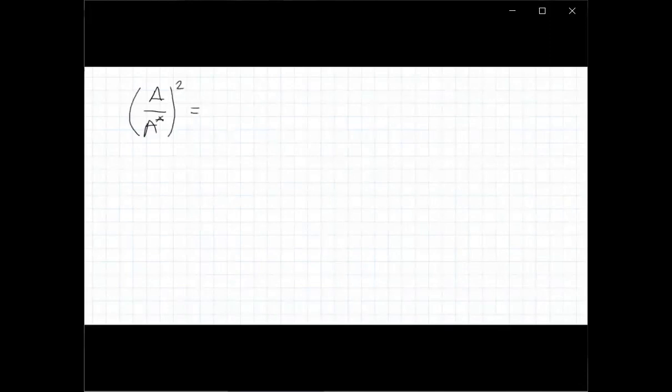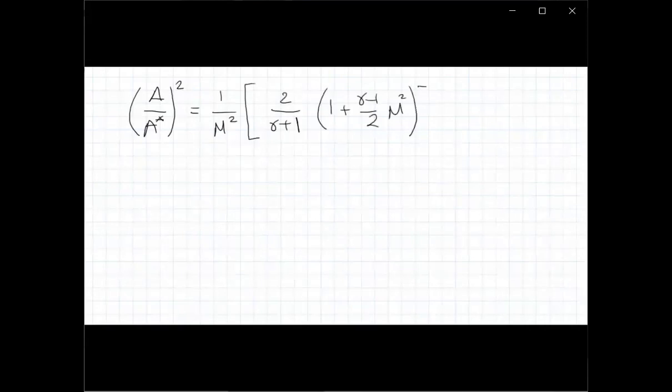We have this equation: A over A star square equals 1 over Mach square, times the bracket 2 over gamma plus 1 plus gamma minus 1 over 2 M square, to the power gamma plus 1 over gamma minus 1. Let's mark this equation here.